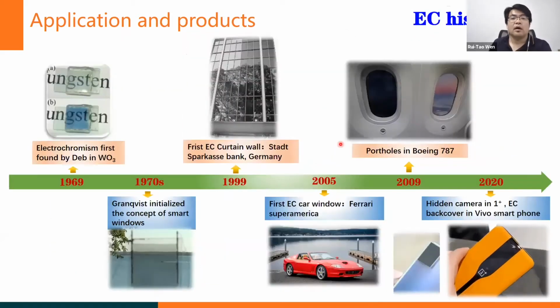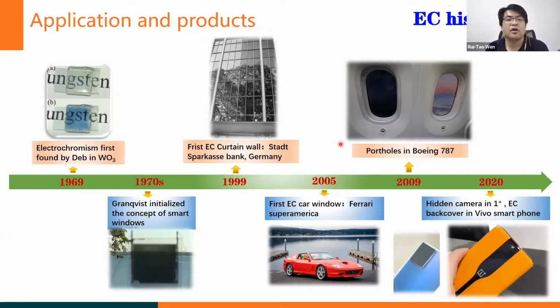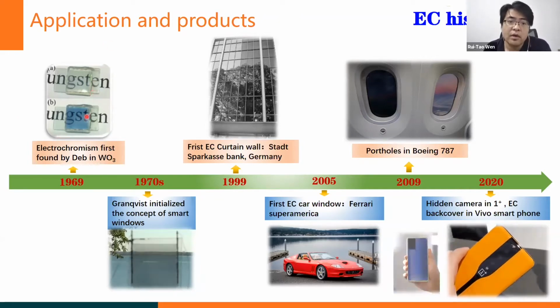Okay, now I want to briefly talk about the electrochromic history. In fact, this phenomenon was found about 50 years ago in tungsten oxide, which, when integrated with acid, changes color from transparent to blue. Then this phenomenon was developed for the display industry.